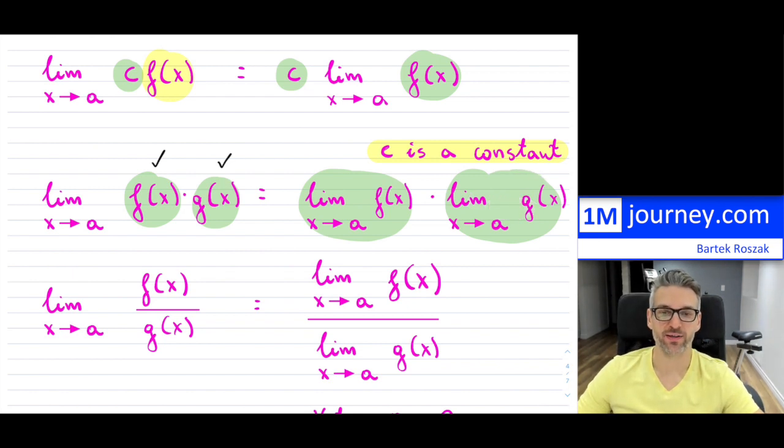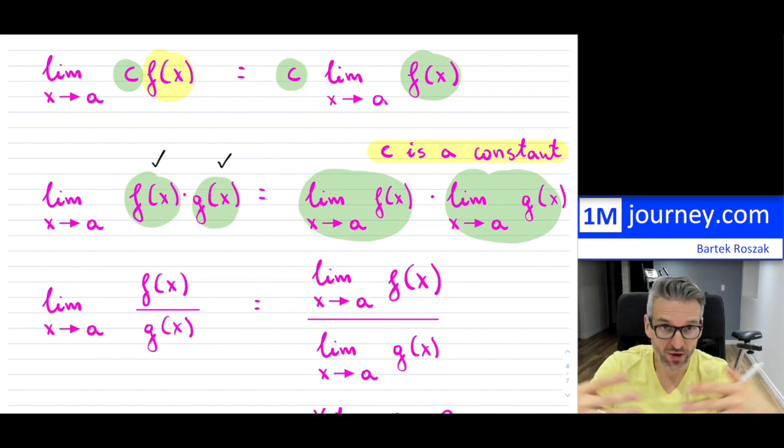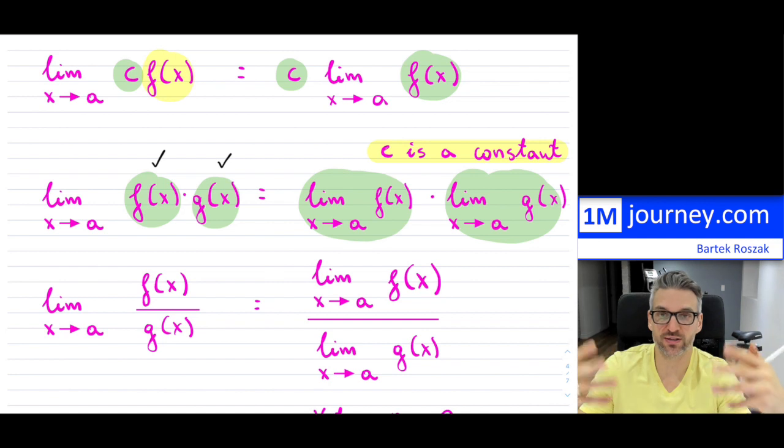That's super useful because if we have 2 functions multiplied together where we know that the limits of each exist, we do not have to multiply these functions before we take the limit. We can just take the limit of each, multiply the limits together, and we're done.